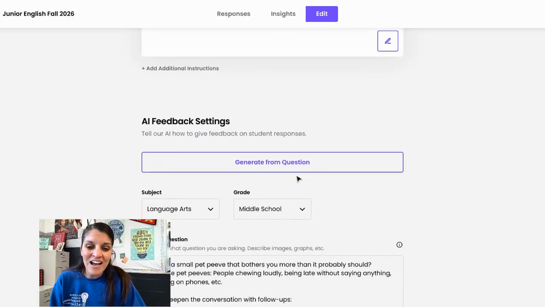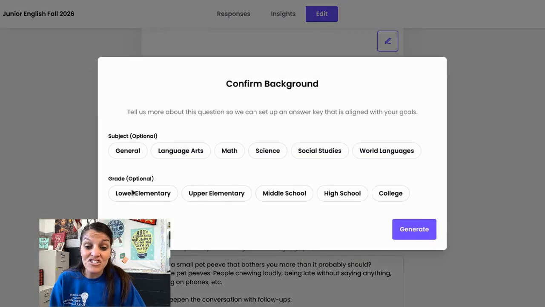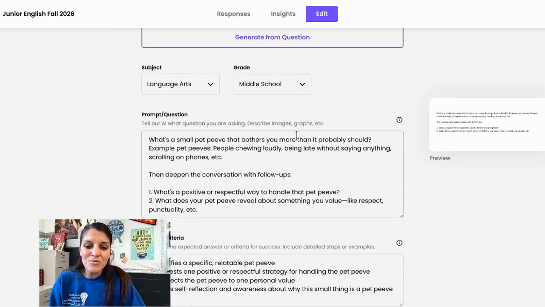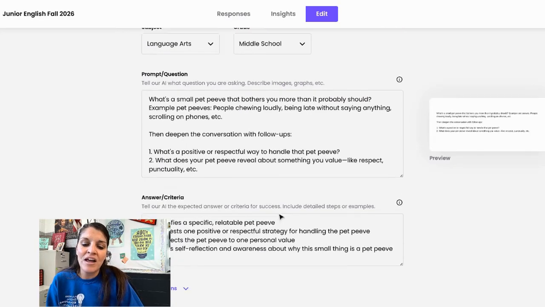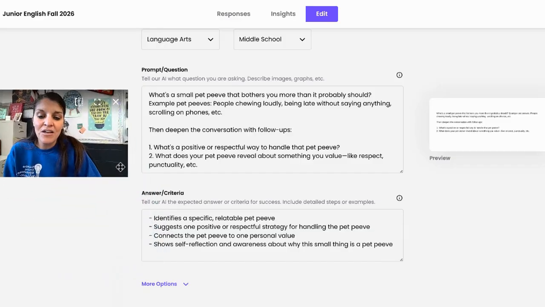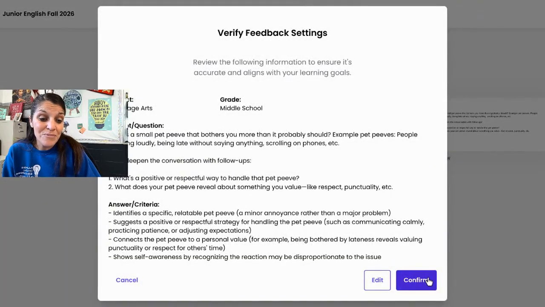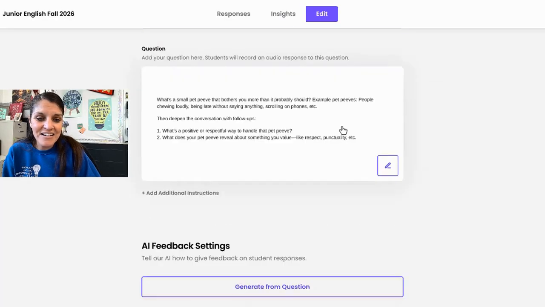And so from there, I can get AI feedback and I can generate the rubric. But what I also like is then I'll go through and then I can be very specific with the answers that I'm looking for, and I can pare that down. Sometimes I turn on middle school instead of high school so that it's a little more accessible of a response too. I'm going to cancel here.